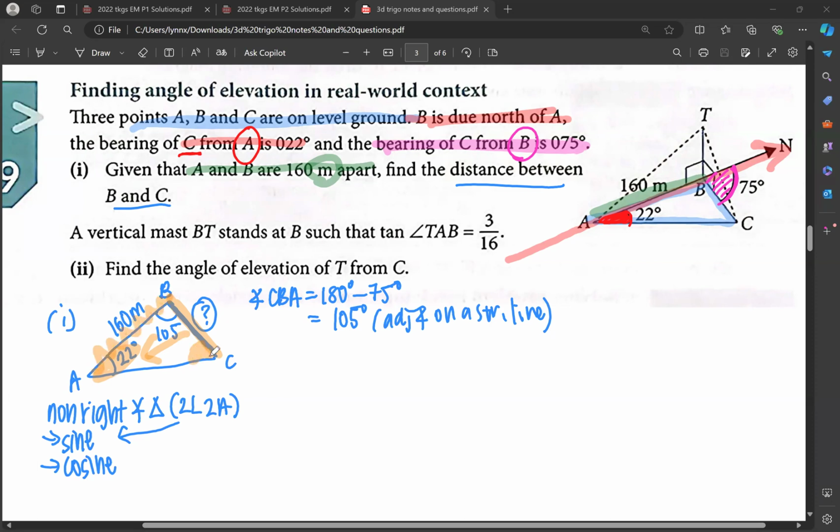So I need to find angle BCA. Can I find angle BCA? 180 minus 22 minus 105 degrees. And what's my answer? 53 degrees, and the reasoning is angle sum of triangle. So right now I fill in that this is 53.